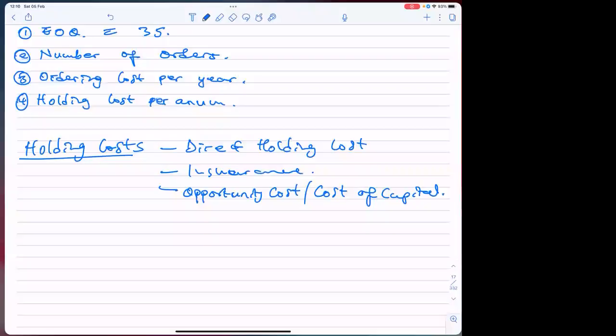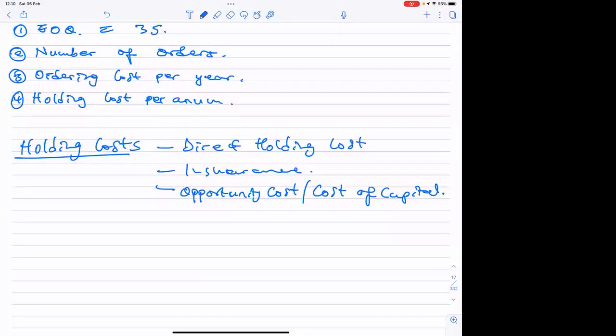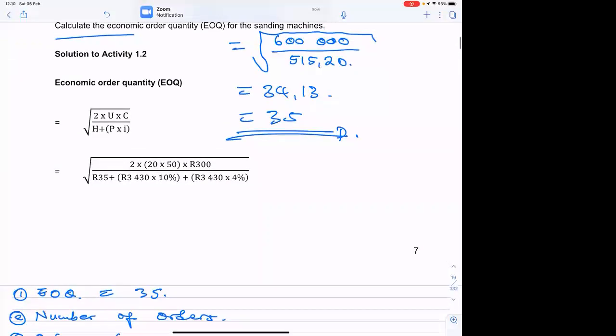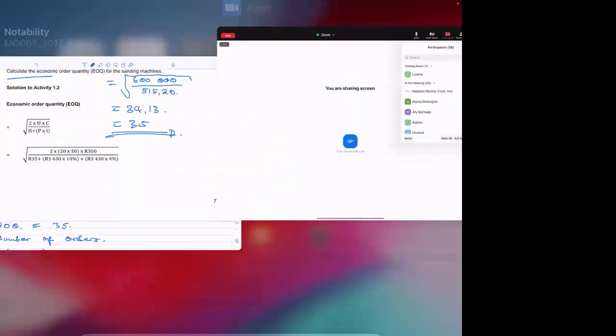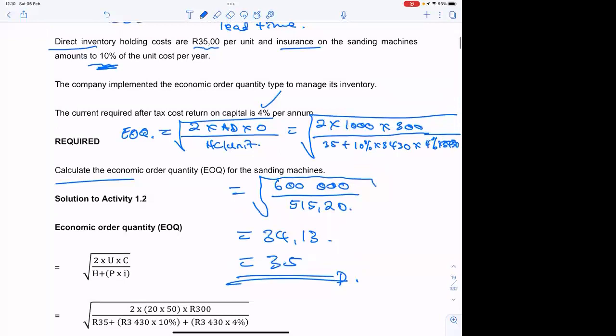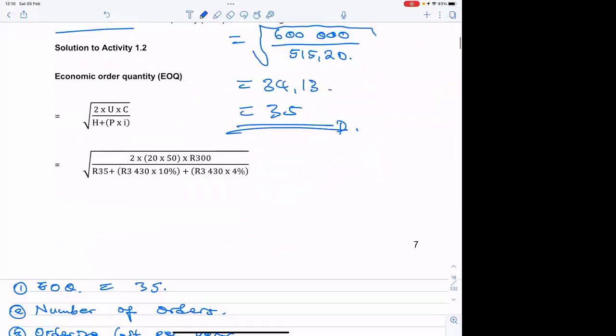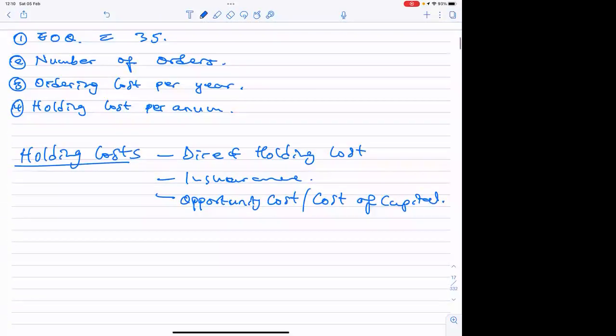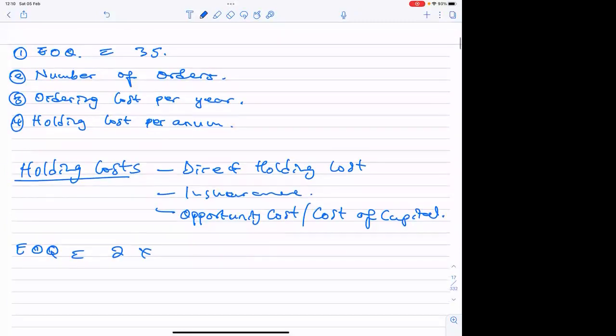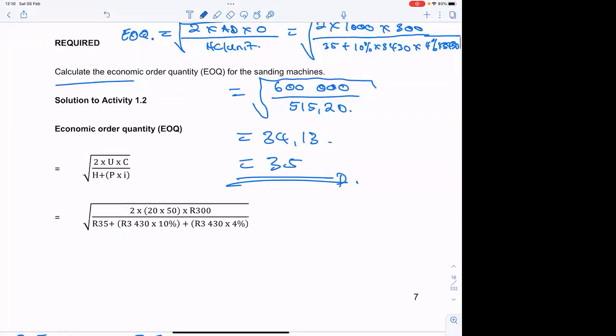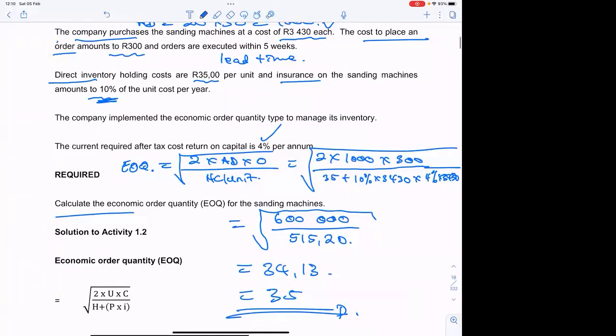Okay. Right. So when we did our calculation there, we said our EOQ, let me just read it, is the square root of 2 times your annual demand. Your annual demand, we said it is 1,000, if I'm not mistaken.